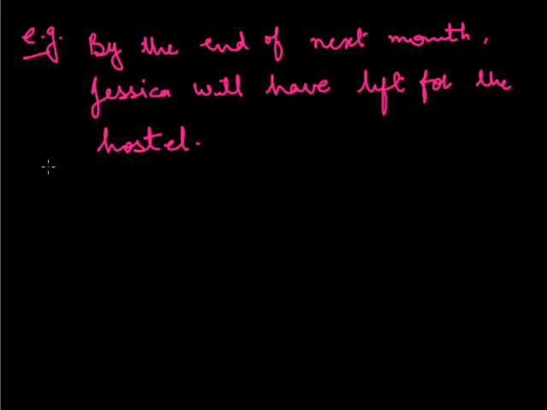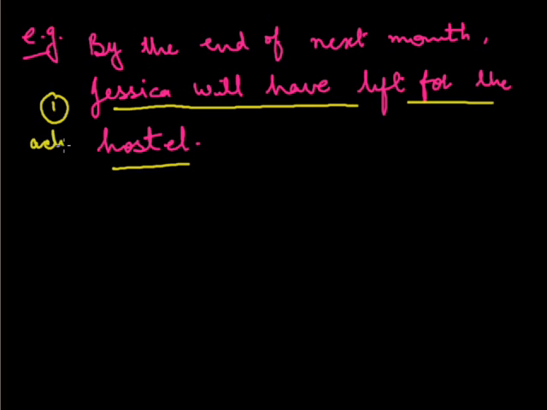Right. So, the sentence gives us information about two future actions. First is Jessica's scheduled leaving for the hostel, which is the first action, right? And another action is the next month coming to an end.